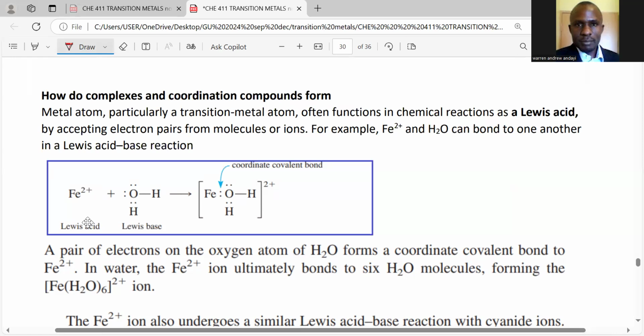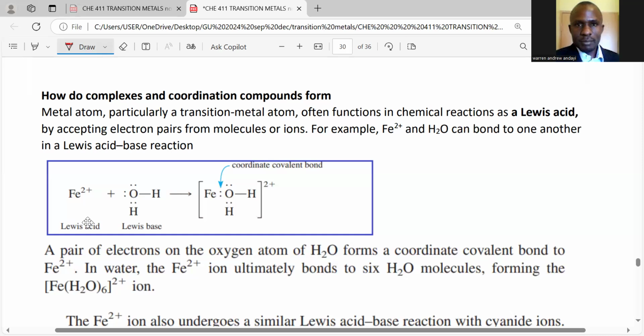So metals behave like Lewis acids. They accept electrons. For example, iron 2 plus and water. When they bond, what happens? Iron 2 accepts the lone pair from water as represented here to form a coordinate bond.